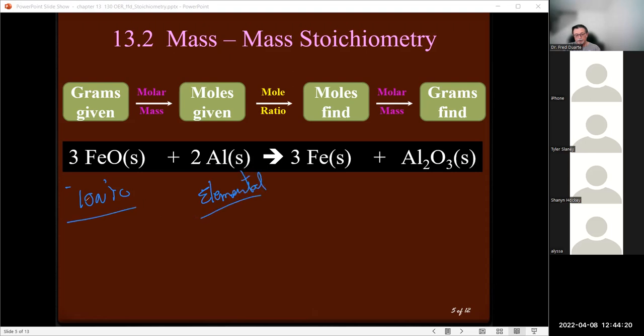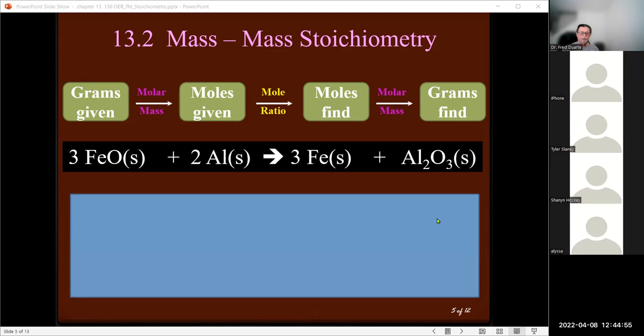So the iron and the aluminum exchange places, and now the iron that was in ionic form gets converted to elemental form, and then the aluminum goes to ionic form, an ionic compound. So that's the reaction and it's balanced.